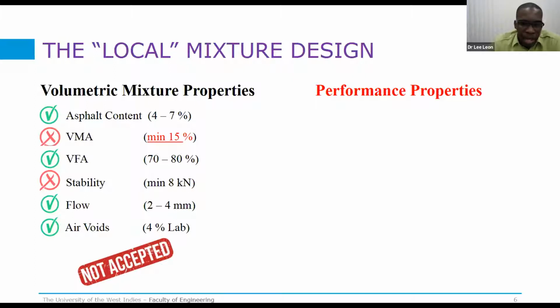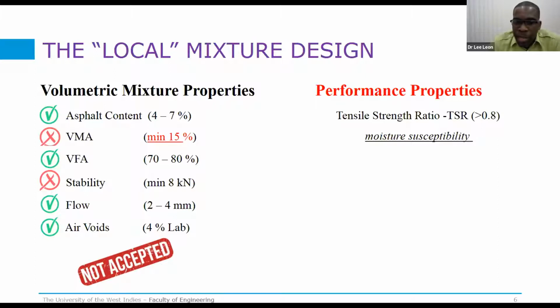Now, locally, they have added the tensile strength ratio test as one of the performance tests. Although it's mostly used for moisture damage tests, it is not adequate to answer the question of mixture performance. Having adequate performance requirements can improve the mixture and answer the question of in-situ performance, thus leading to mixture acceptance.